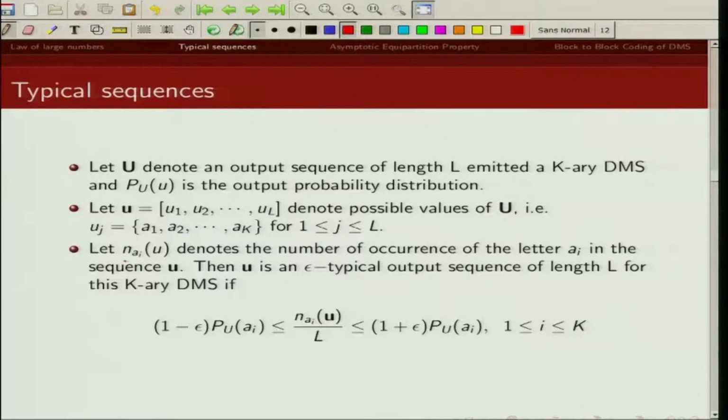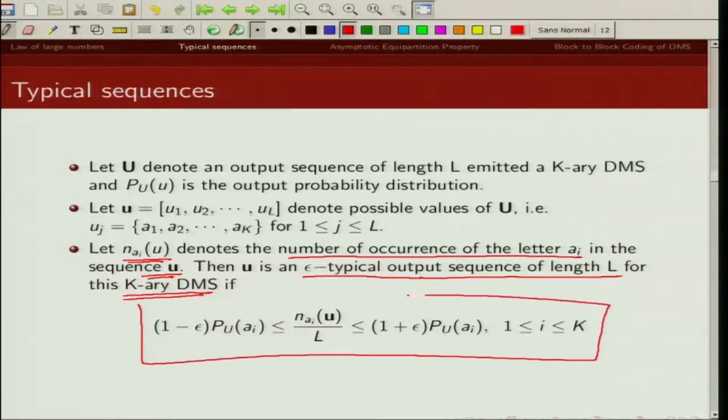Now let N_Ai(U) denote the number of occurrences of the letter Ai in the sequence U. Then U is an epsilon typical output sequence of length L for a K-ary discrete memoryless source if this condition is satisfied. N_Ai(U) by L is the fraction of the output.